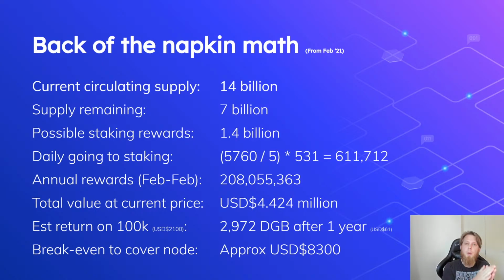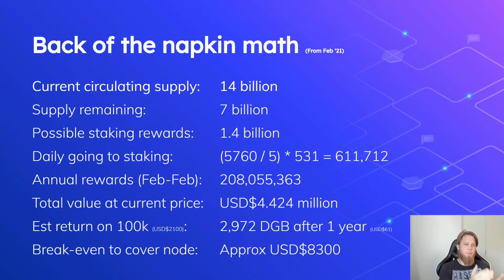So 1/5 of that, if we were to replace one algorithm with staking, it's going to mean that we've got approximately 1.4 billion DigiByte over the next 14 years that will be stake rewarded, hypothetically. Current daily rewards going to staking would equate to only around about 611,000 DigiByte, which is approximately $15,000 give or take at the time that I did the math, which again, price has gone up very recently, so it may be slightly off, but you get the picture.